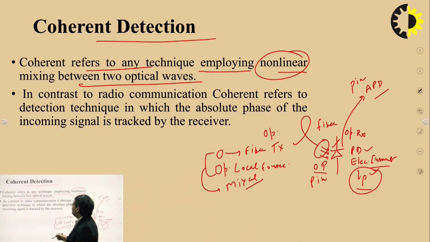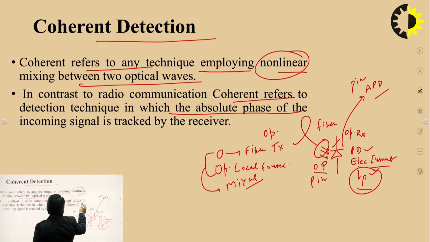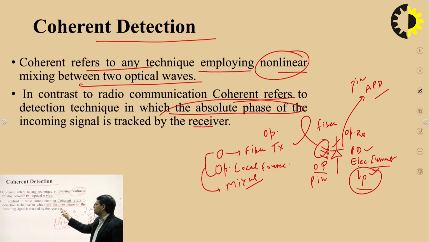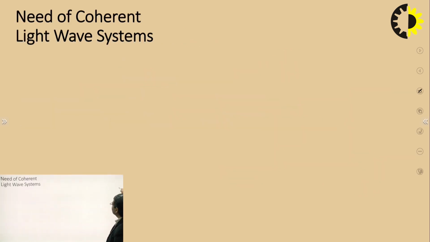In contrast, coherent refers to a technique which makes use of the absolute phase of the incoming signal tracked by the receiver. That is, in this case, we also consider the frequency and phase of the signal along with the amplitude. So what is the need of coherent system?